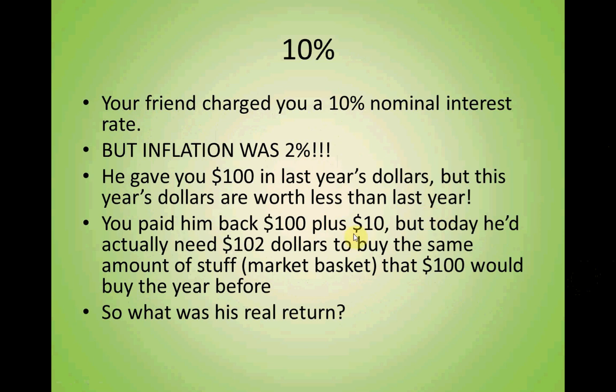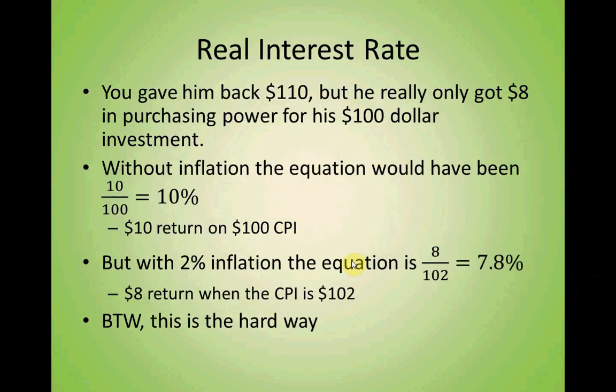All right, so you paid him back $100 plus 10, but today he'd actually need $102 to buy the same amount of stuff on the market basket that $100 would have bought the year before. So obviously the prices have gone up slightly to $102, so that $100 buys less. So what was his real return? He thought he was charging you 10%, but what was his real return?